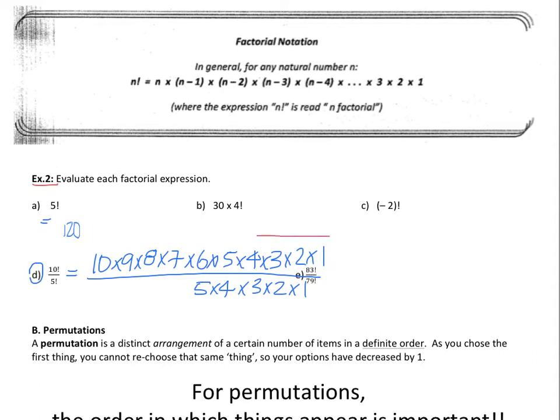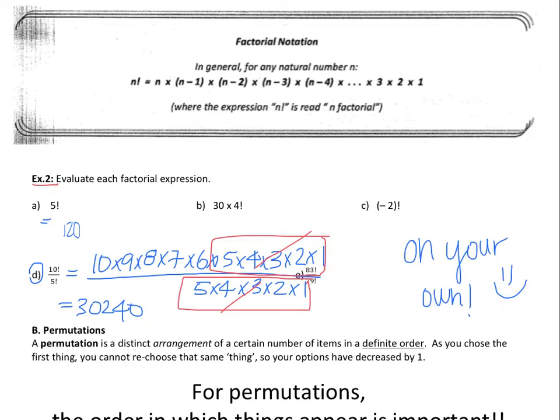And if we notice that this last part of 10 factorial is the exact same thing as this part of 5 factorial, we can, of course, just cancel that out, and then all we're left with is 10 times 9 times 8 times 7 times 6. Which is equal to 30,240. On your own for next class, complete B, C, and E.